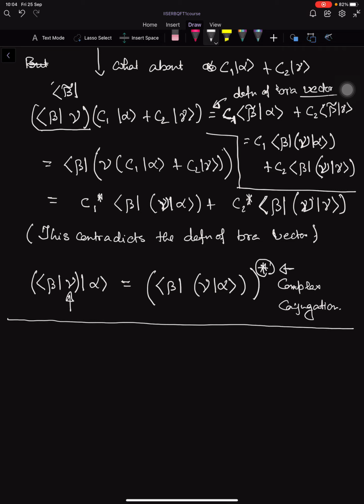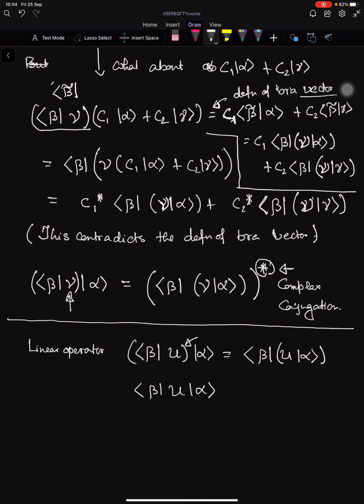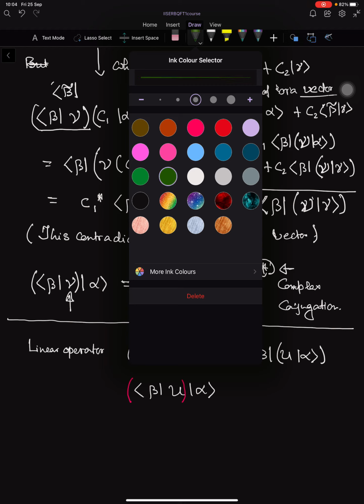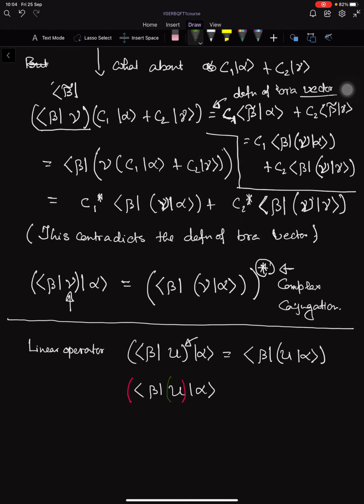Okay, and this also says that for linear operators, beta u alpha is the same as beta u alpha. So that's why we never use the round brackets, because we always write it this way. For the left action, it doesn't matter whether I put the bracket in this way or in this way, the quantity is the same.